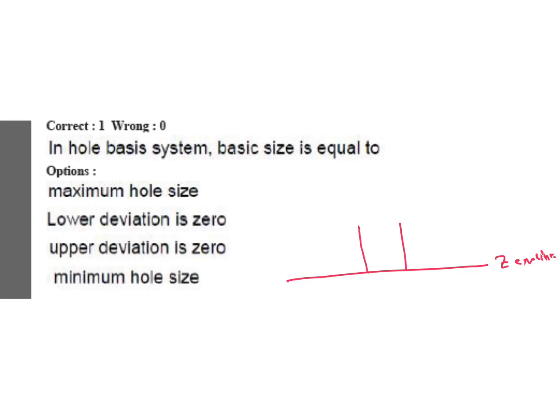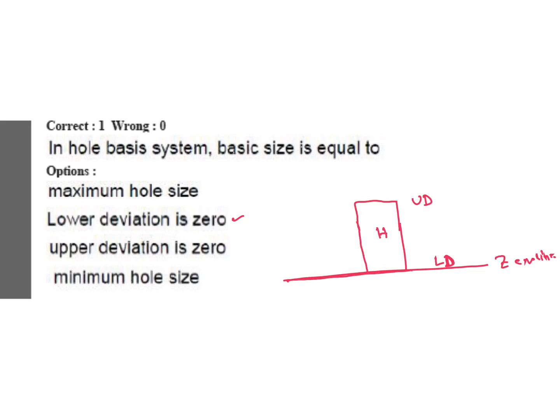Its lower deviation is at the zero line, and upper deviation will go on the positive side of the zero line. So from the options, lower deviation is 0, this is also possible. Then minimum hole size, basic size will come here. So this is minimum hole size, this is also possible.